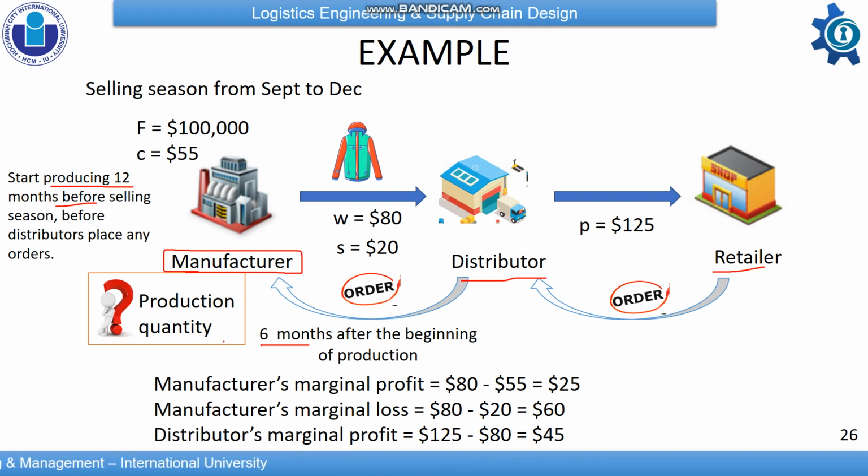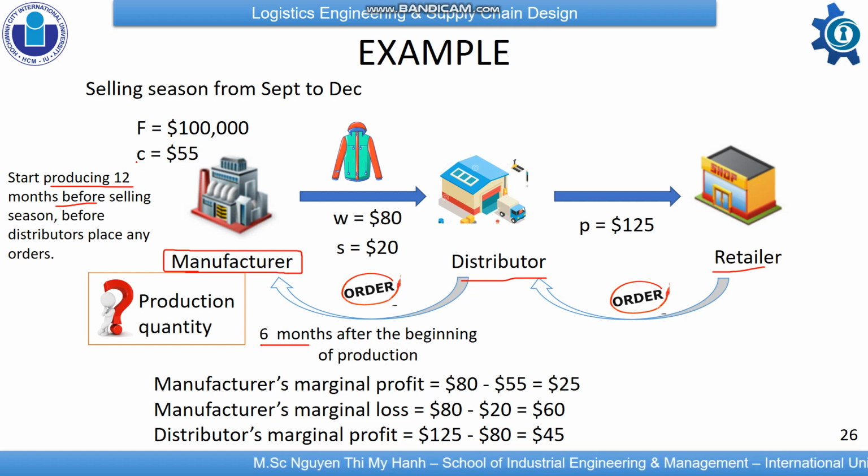Okay, and we have some information: the fixed production cost of the manufacturer is $10,000, and the variable cost is $55 per unit. The manufacturer sells the ski jacket to the distributor at the price of $80, and the distributor sells the ski jacket to the retailer at the price of $125.